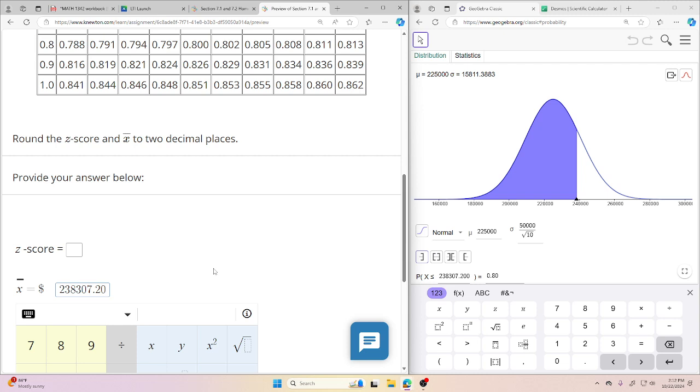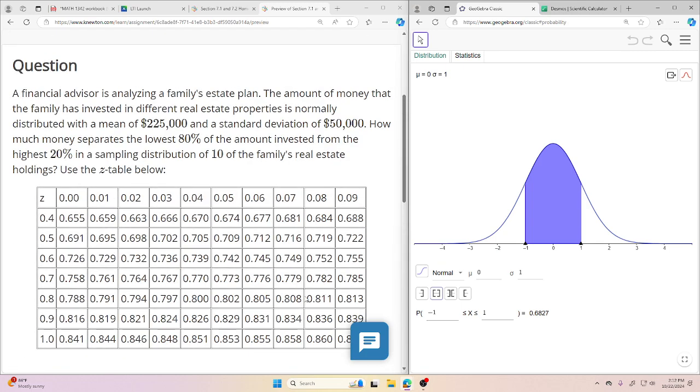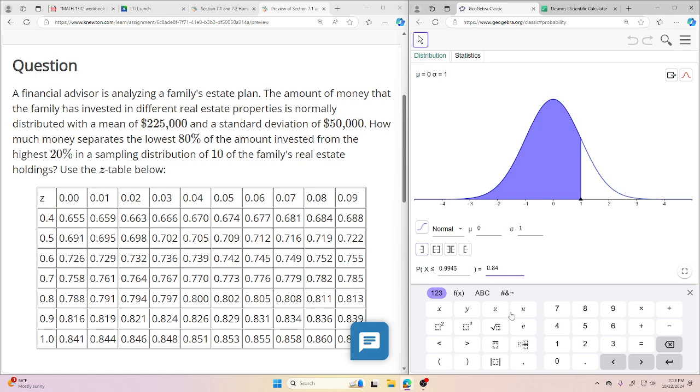Awesome. So you're going to remind me now, how can I find the z-score? Refresh, start over. Yes, 0 and 1. Back to normal. And they're still looking for the z-score. What do I change? Yes, I want to get that lower 80% again, right?